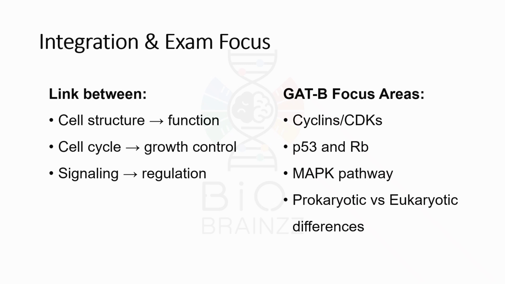For the GAT-B exam, you should focus on key areas like cyclins and CDKs, tumor suppressors like P53 and RB, MAPK signaling pathway, and differences between prokaryotic and eukaryotic cells. These are high-yield topics and are frequently asked in different forms.